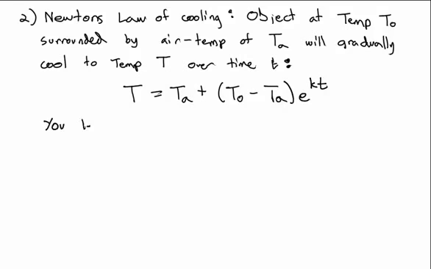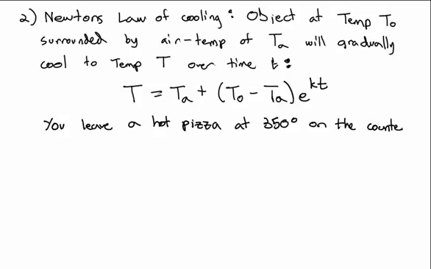So if you leave a hot pizza at 350 degrees on the counter, where air temp is room temperature of 72 degrees, and the constant for this pizza is equal to negative 0.08.